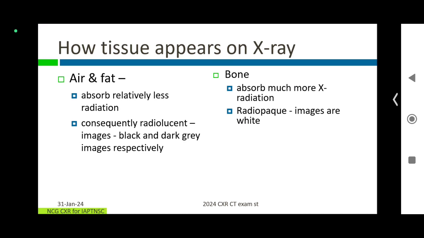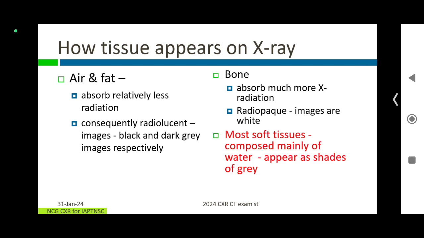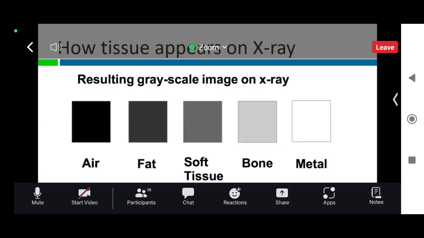How tissue appears on X-ray, you need to know. Bone absorbs the X-ray much more than fat. Most of the soft tissues are composed mainly of water, so they appear as shades of gray. How do they look?